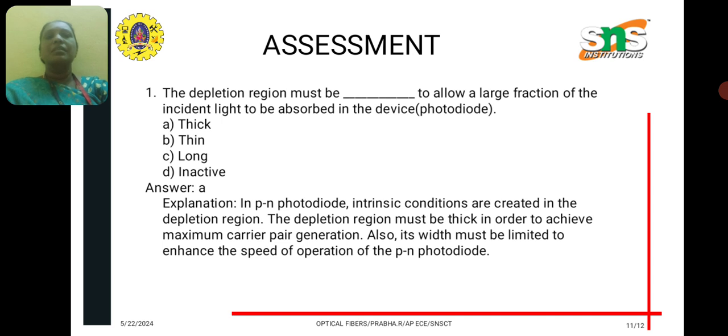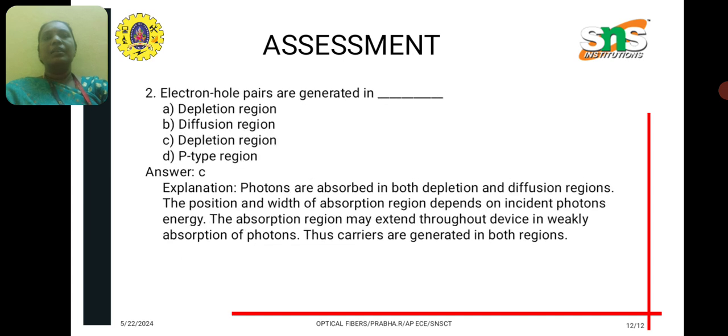In a pin photodiode, the intrinsic conditions are created in the depletion region. The depletion region must be thick in order to achieve maximum carrier pair generation, and also its width must be limited to enhance the speed of operation of the pin photodiode. And electron hole pairs are generated in the depletion region.